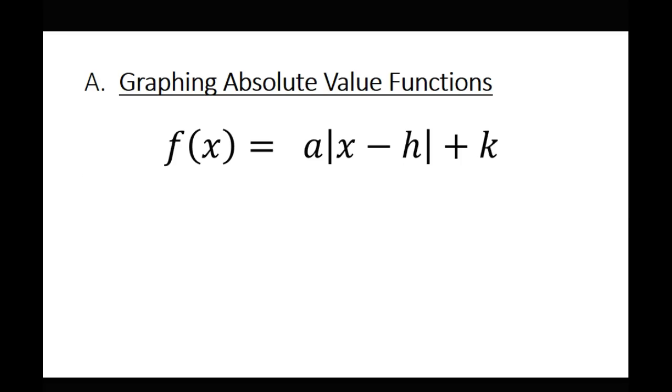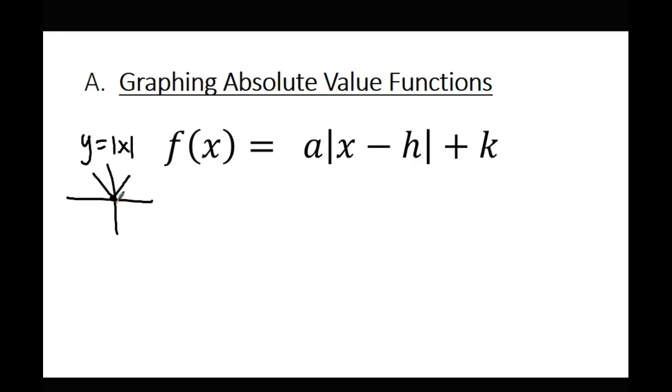All right. So let's come back to this. I drew this and I erased it, so let me put it back. You guys know what a vertex is, right? It's the pointy part on this graph, the sharp corner. This is the vertex, right? So what are the coordinates for the vertex? 0, 0.